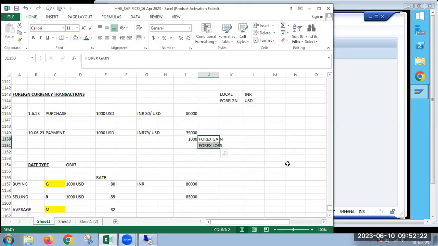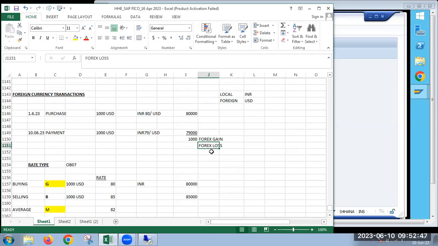So what do we have to do if the system has to post an amount automatically to an account? Account determination. We have to define a GL account and specify the GL account for automatic posting so that the amount will be posted. Next is our account determination.